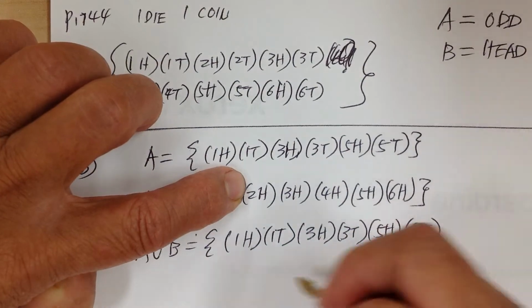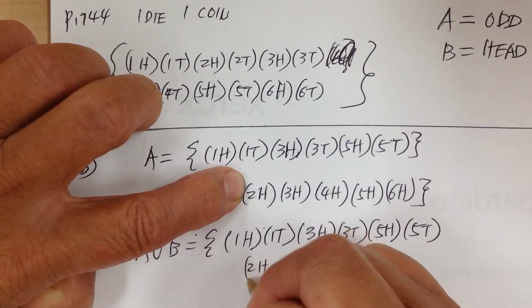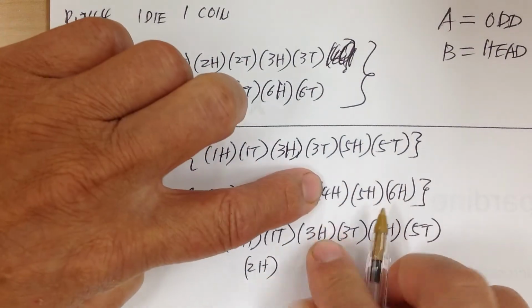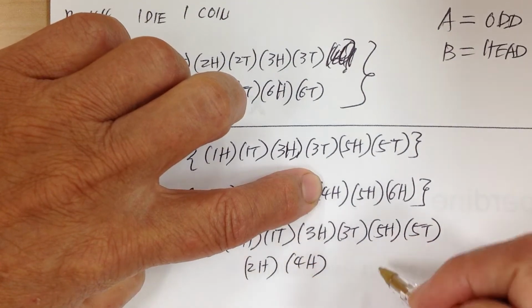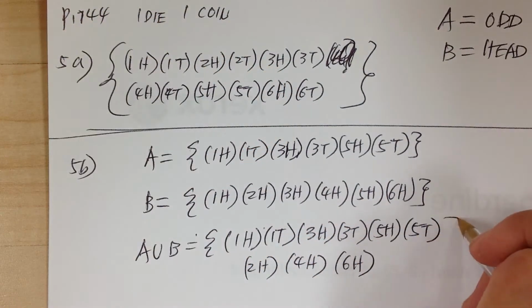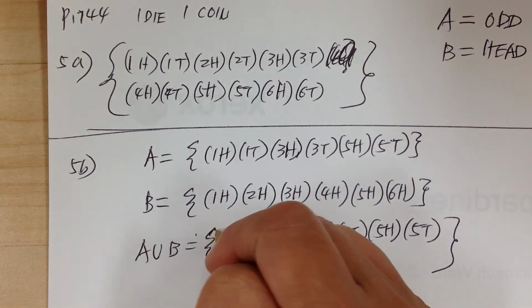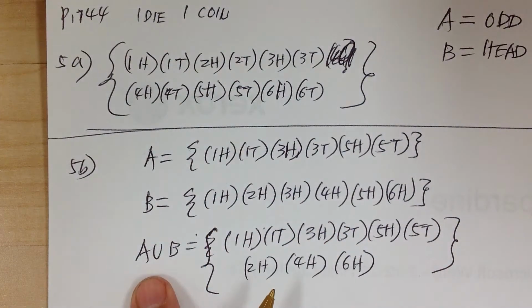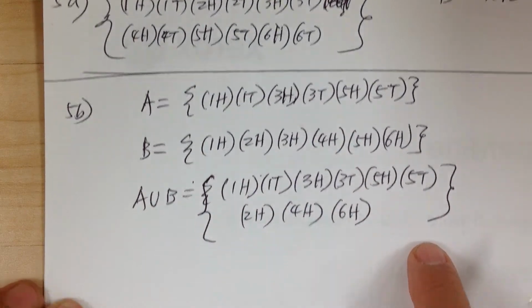Then you're going to get 2H, 3H you already have, 4H, 5H you already have, so you're going to get 6H. So again, union means combine everything together.